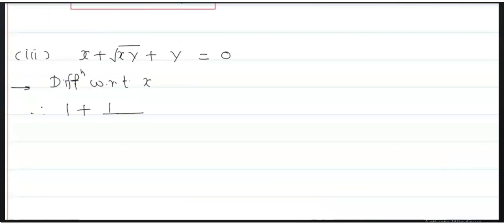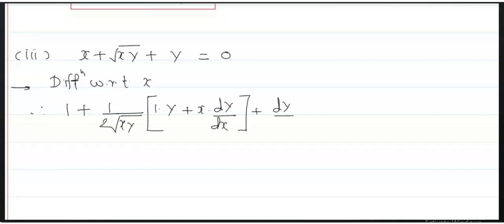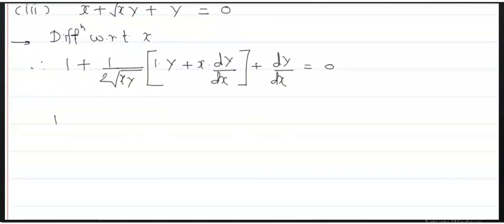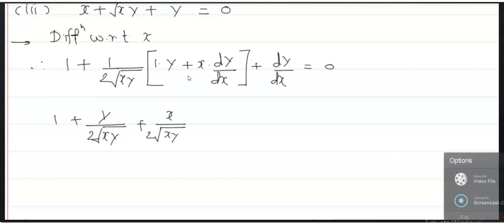Third example: x plus root of xy plus y. Derivative of x is 1. Next is the derivative of root of xy, that is 1 upon 2 root xy into derivative of xy. Derivative of x is 1 into y plus x into derivative of y is dy by dx, plus derivative of this y is dy by dx.